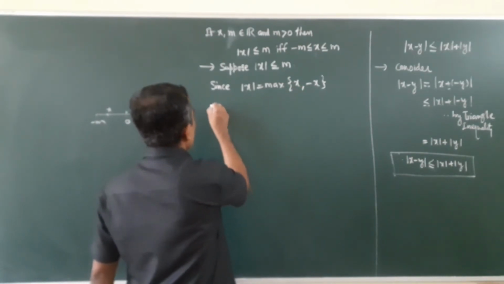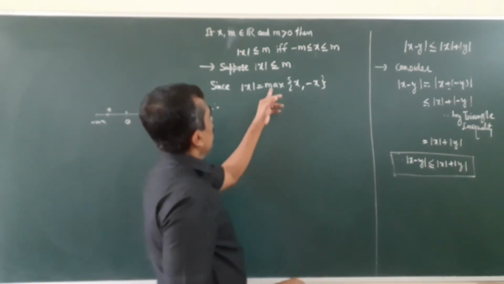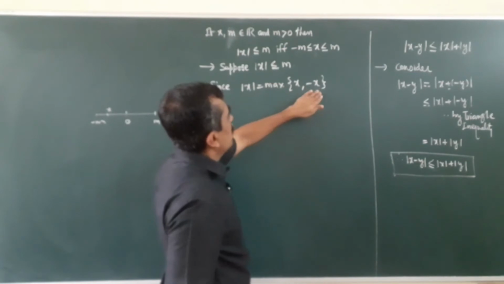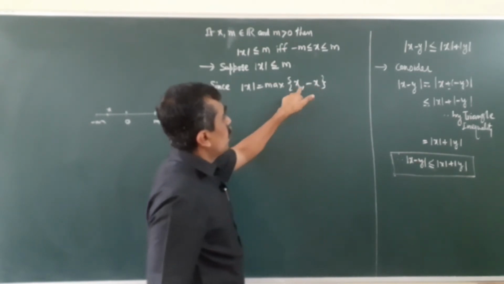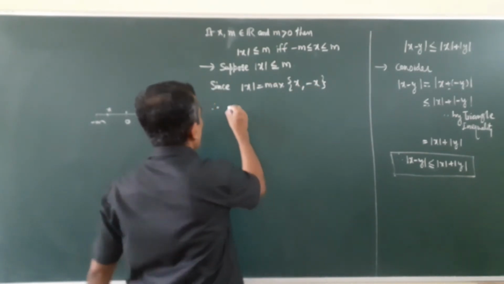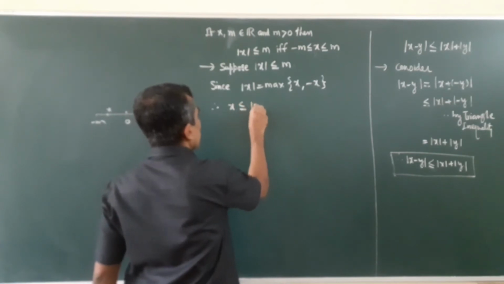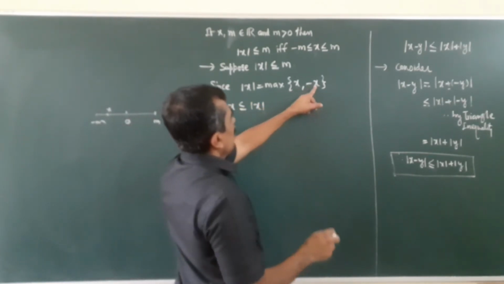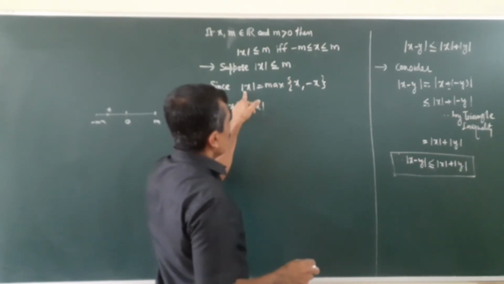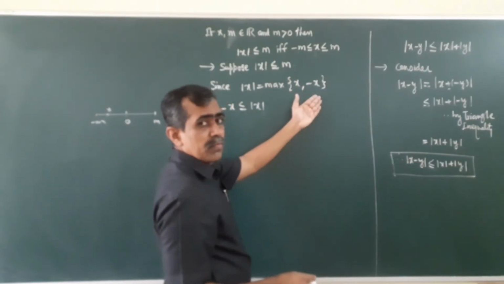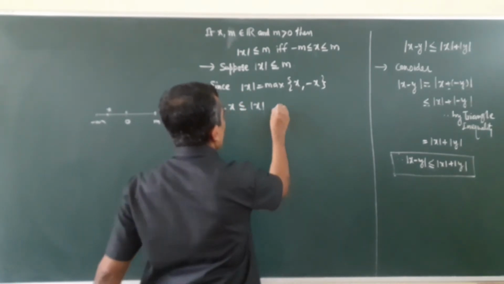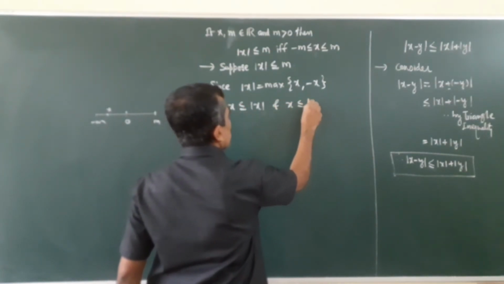So what does this imply? Mod x is nothing but the maximum between these two, so either this or this. We don't know which is the maximum. So therefore minus x is less than or equal to mod x, because mod x is the maximum between these two, so both of these are less than or equal to mod x, and x is less than or equal to mod x.